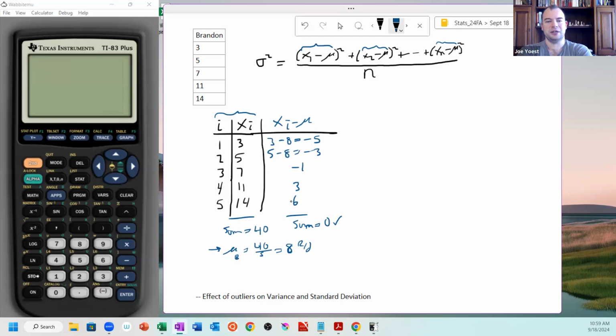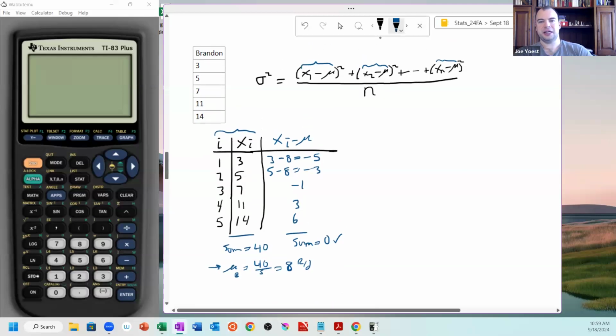I might get a little bit of rounding error. Maybe the sum is like +1 or -1 if I have more numbers or if I had to round some of them. But the sum should be close to 0, and it is. What's the next operation I have to do? I need to take each of these and square them.